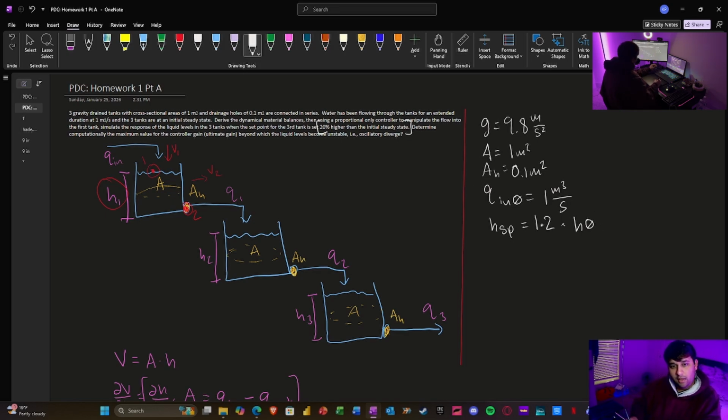And then we have our two equations that we found earlier. The first one is dH over dt, which is 1 over cross-sectional area times the inlet flow minus the drainage hole area times the square root of 2GH.